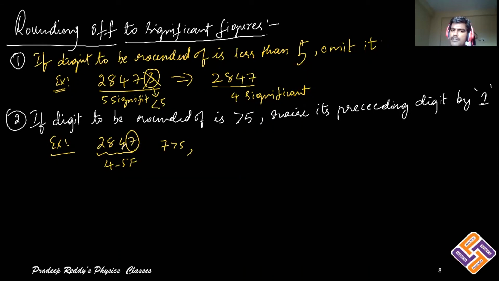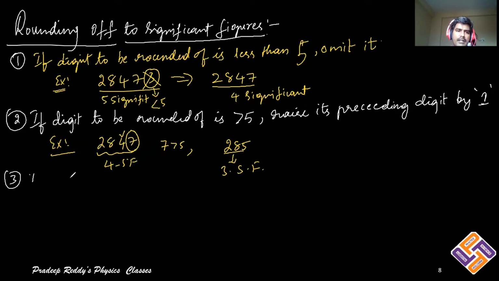The preceding digit of 7 is 4. Before 7 there is digit 4, that is the preceding digit. You should raise it by 1, so it becomes 285. How many significant digits are there? 3 significant figures. So if it is greater than 5, you raise its previous digit by 1. If it is less than 5, simply eliminate it. That's number 2. Now come to number 3.